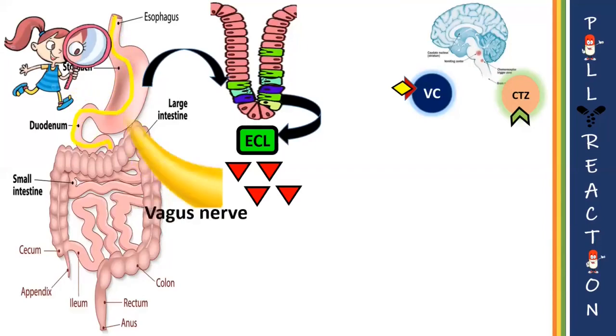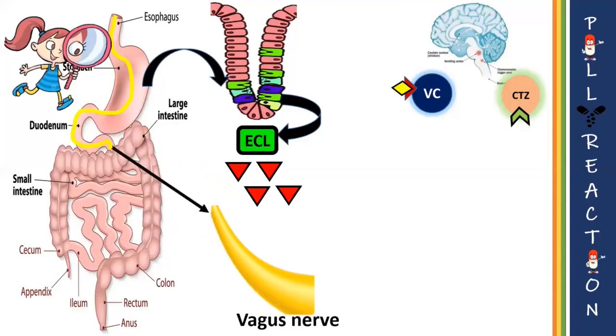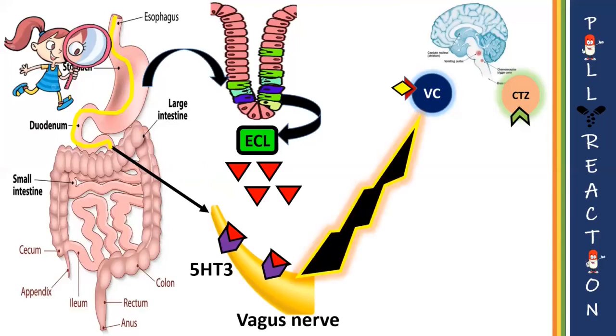The released 5-hydroxytryptamine or serotonin is thought to stimulate 5-HT3 receptors on sensory nerve fibers around the area. These sensory nerve fibers are actually the vagal nerve. This will bring the information to the vomiting center and results in the vomiting reflex.